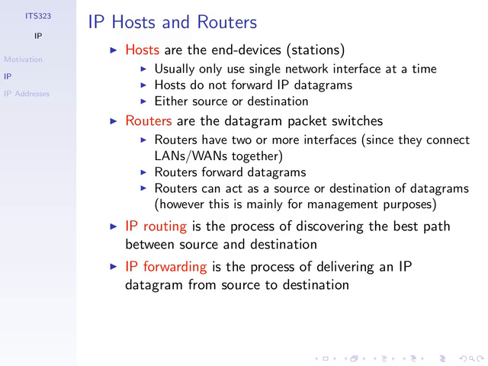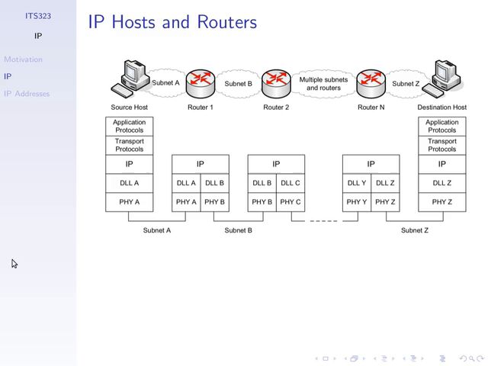I'm going to use this example. And it's similar to what we have here, except in here it's a little bit more general, where we can say N routers. That is, our path from a source host to a destination host may consist of multiple routers.